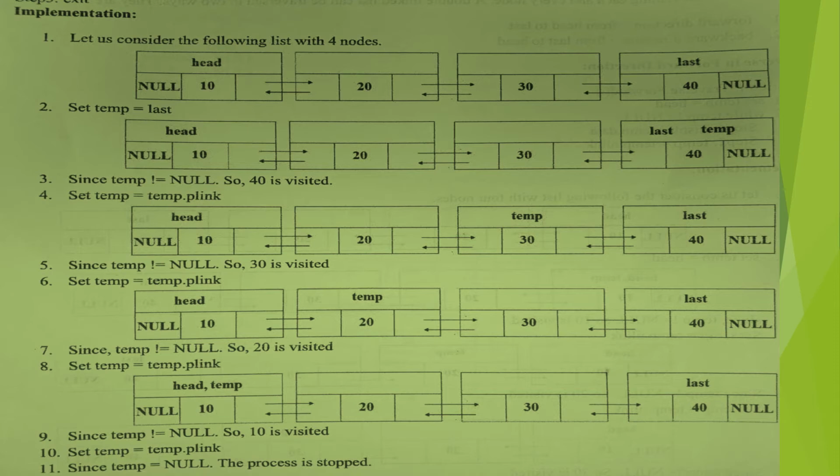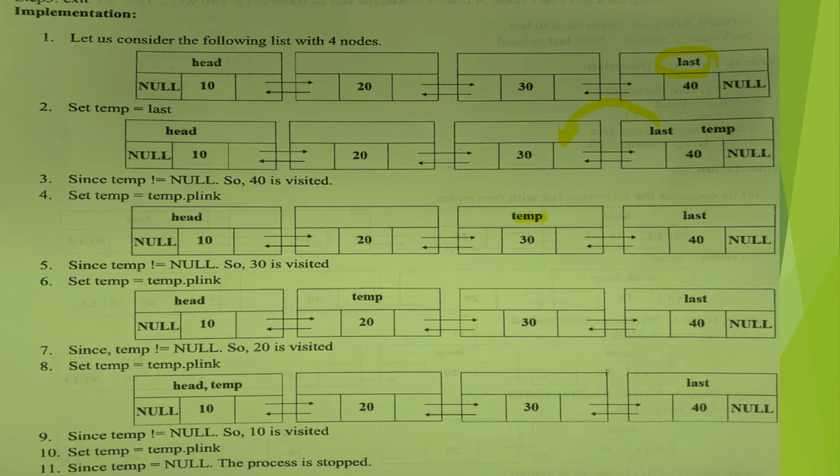I have to start from the last element. First, temp equals last. Since temp is not equal to null, I have visited the first. Then temp changes to the previous element.